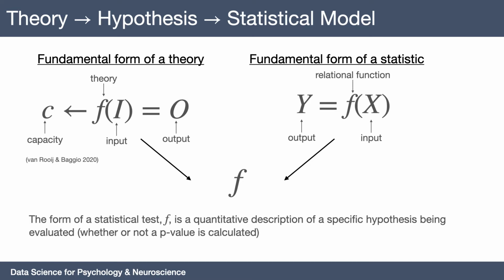So the form of a statistical test, F, is a quantitative description of a specific hypothesis being evaluated, whether or not a p-value is calculated. So when you think about a statistical tool, you want to think of its form. And you want to think of its form in relation to your hypothesis, which was generated from your theory.